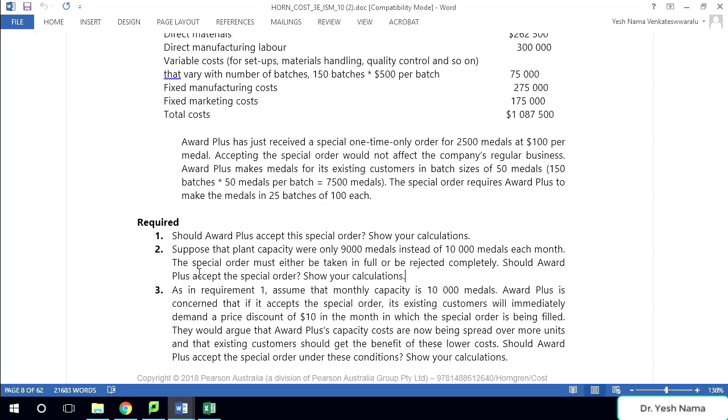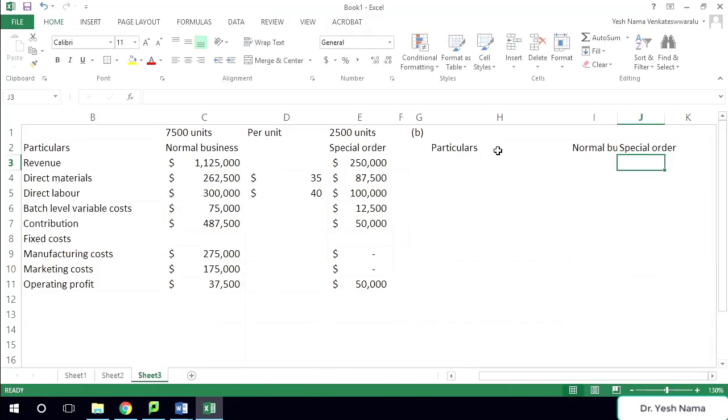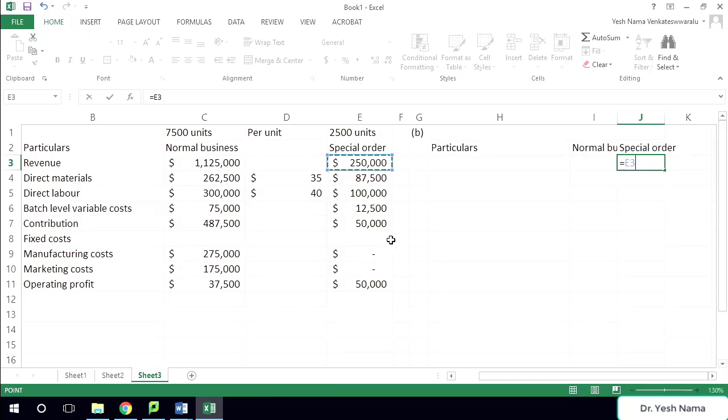So can we take a look at the numbers for this situation? We have normal business and special order next to each other. If we accept the special order, what will be the revenue? Revenue will be what we calculated earlier. If we accept the special order, material cost will be 87,500.